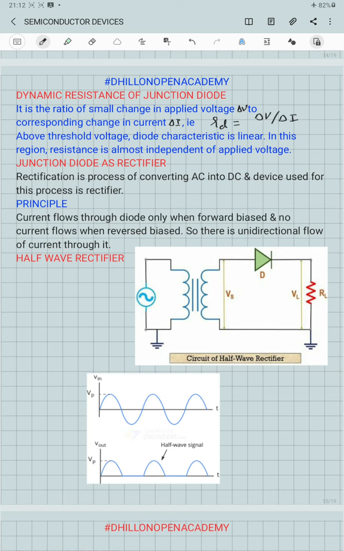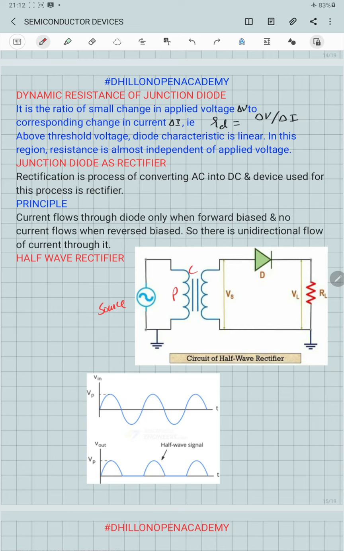One is called the half wave rectifier. In the circuit diagram of the half wave rectifier, you can see that here we have the AC source from which an AC current is obtained, which is to be converted into a DC. This AC source is connected to the primary of the step down transformer. This is the core of the transformer, and this is the secondary of the transformer.